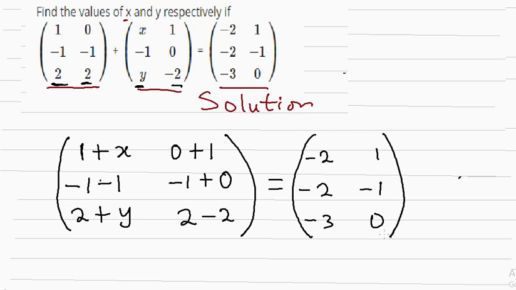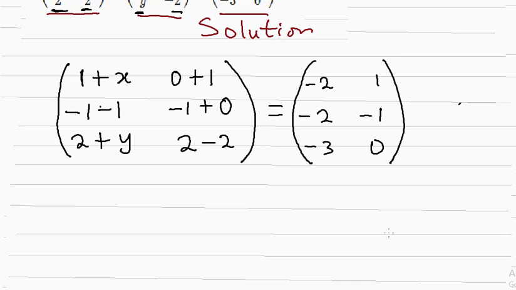Okay, so let's work on this. It's very simple for me to be able to find x and y. So for me to find x and y, I have to equate. So I'm going to equate 1 plus x. Of course it's equal to minus 2 because they are in the same position.